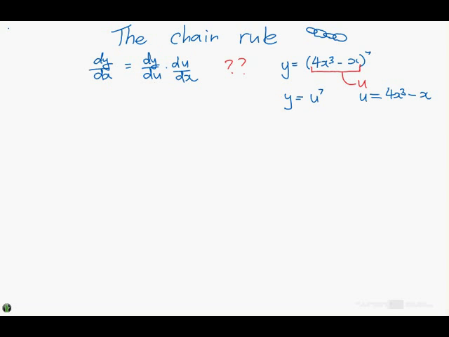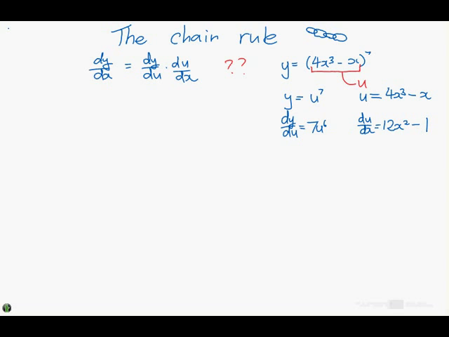So all you need to do is go ahead and write dy du. Now you're differentiating u to the power of 7. What do you do? You bring down the power, and then you take 1 away from the power. 7 times u to the power of 6. Easy. Du dx. It's pretty simple for you as well, right? Bring down the power. 3 times 4 is 12. Take 1 away from the power. Differentiate x, you get 1. Okay, what does the rule tell us to do?